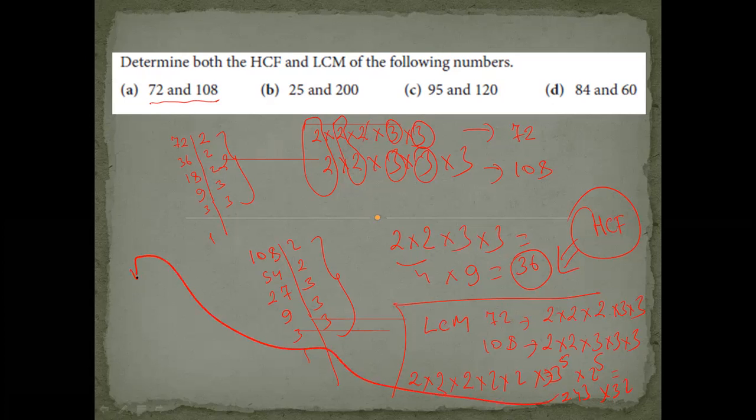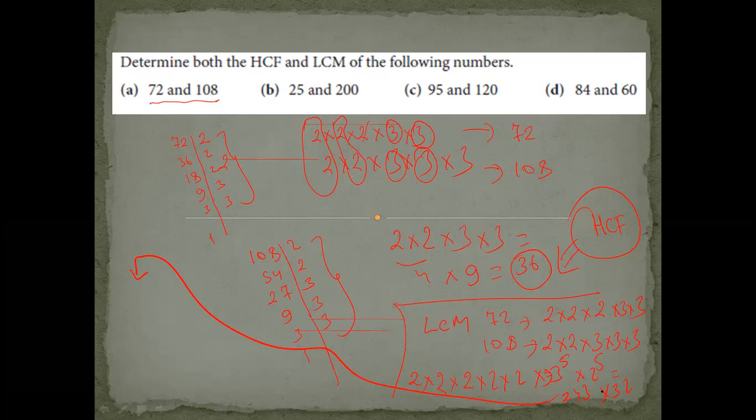Please follow me with my pencil. 3 to the power of 5 is 3 times 3 times 3 times 3 times 3, that's 243, and times 32.